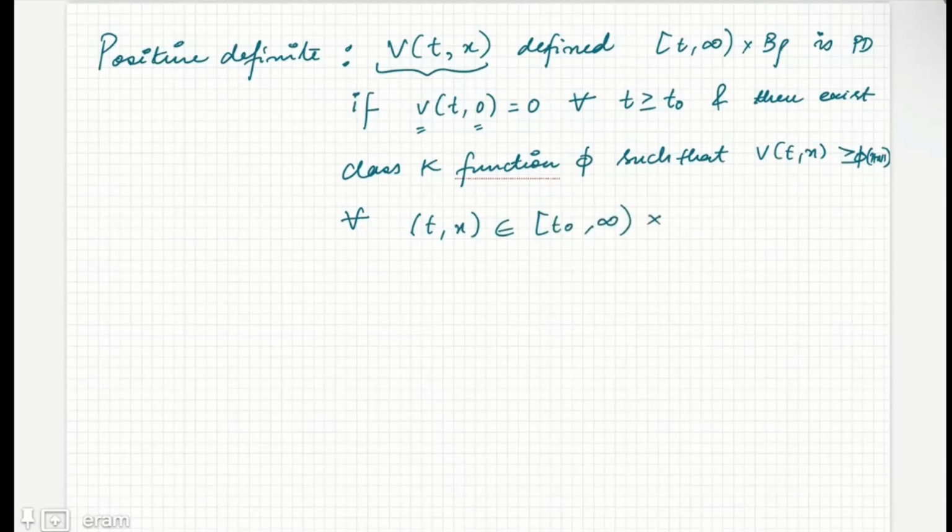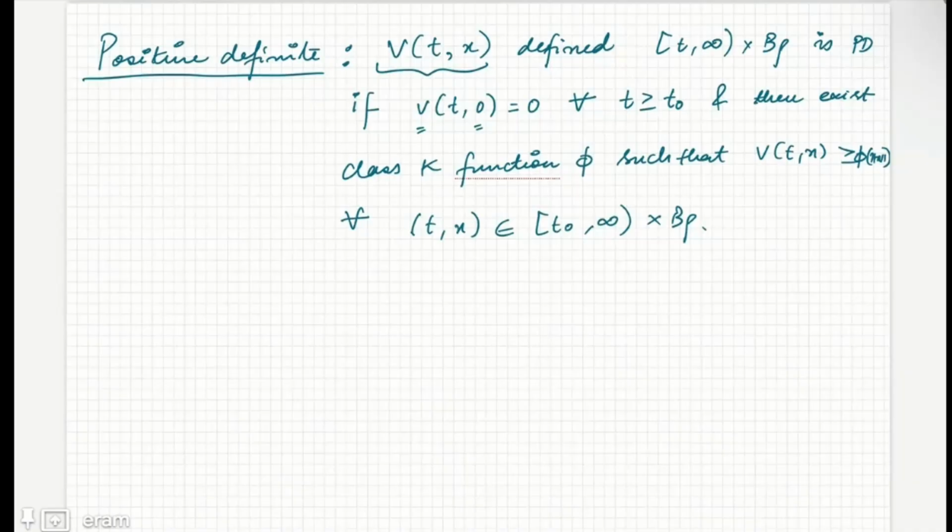Obviously we can go up to infinity, and we are interested in the neighborhood, so B_rho. So this is how we define the positive definite function or the positive definite Lyapunov function for the case of nonlinear time varying system.